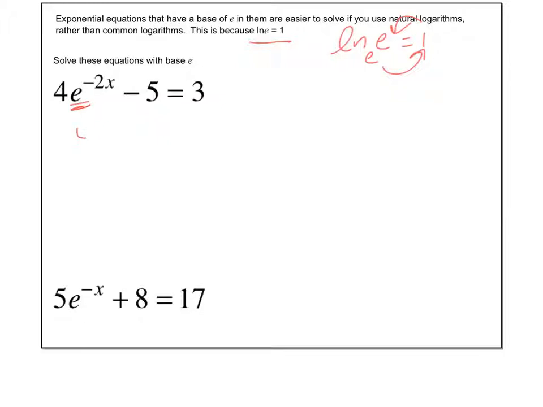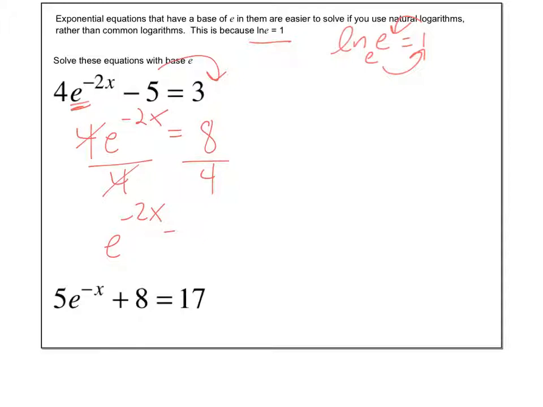And so if I'm going to isolate my base, the first thing I will do is add 5 to the other side to make 8. And then dividing both sides by 4, I get e raised to the power of negative 2x equals 2. At this moment, we can take, like the other day, the log of both sides, but here, because of base e, we will take the natural log of both sides, like so.